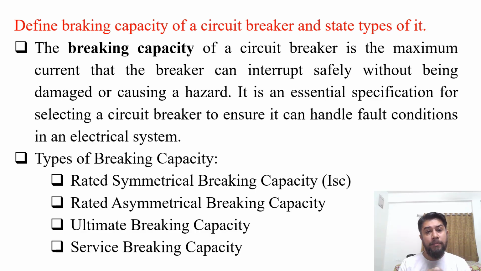So types of breaking capacities, these are some ratings available on the circuit breaker nameplates, like rated symmetrical breaking capacity, rated asymmetrical breaking capacity, ultimate breaking capacity, service breaking capacity. So these are some types of rating of breaking capacities of a selected circuit breaker.